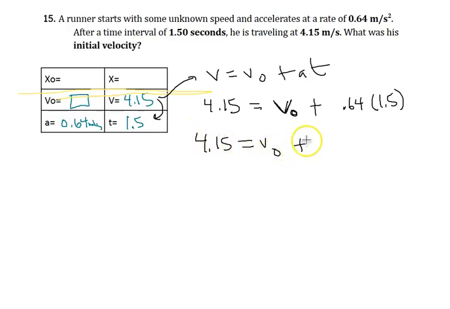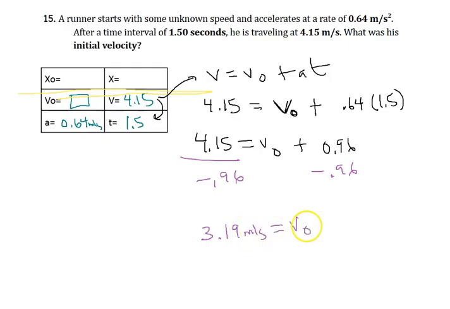Okay, so then you're going to multiply these two numbers, which will turn into 0.96. Then you're going to subtract that from both sides. And you get 3.19 equals V naught.